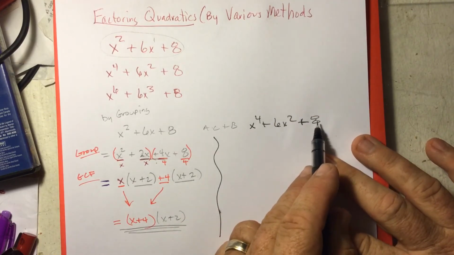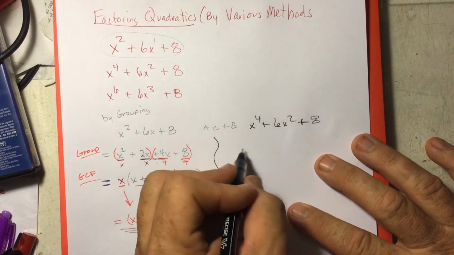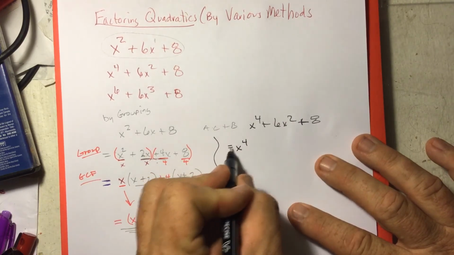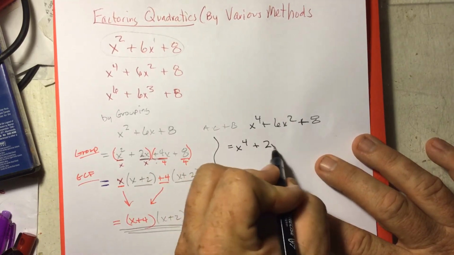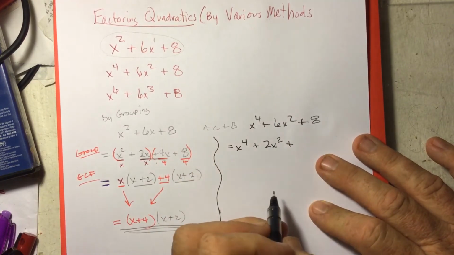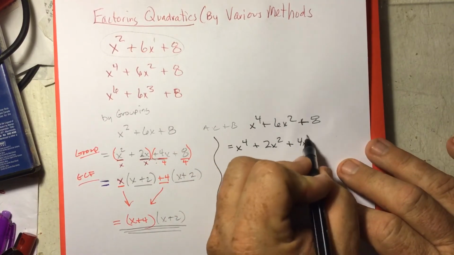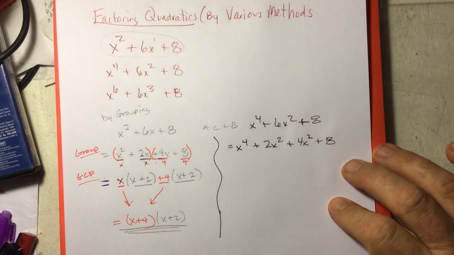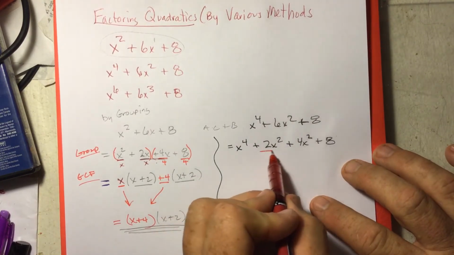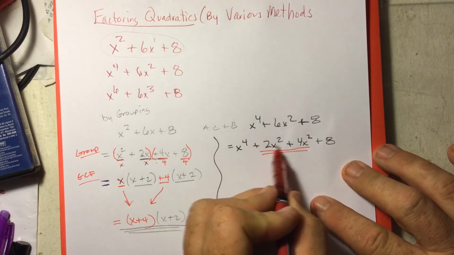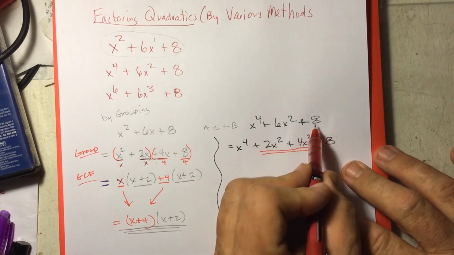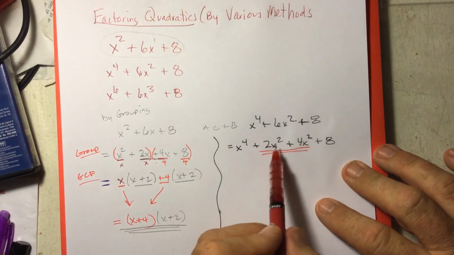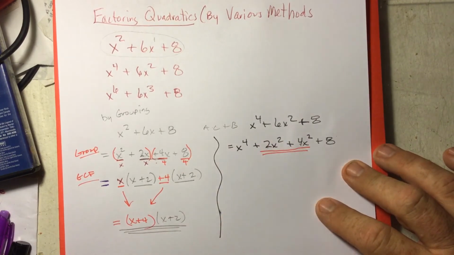What multiplies to make 8 but adds to make 6? So I've got x to the fourth plus 2x squared plus 4x squared plus 8. So again, if you look at those two right there, 2 times 4 makes 8, 2 plus 4 makes 6.